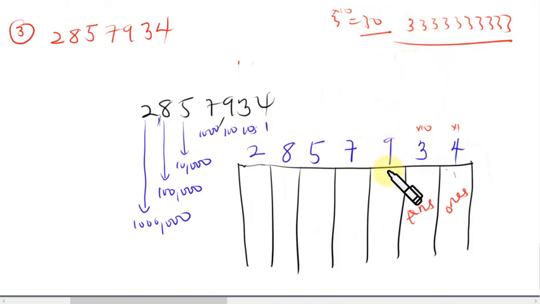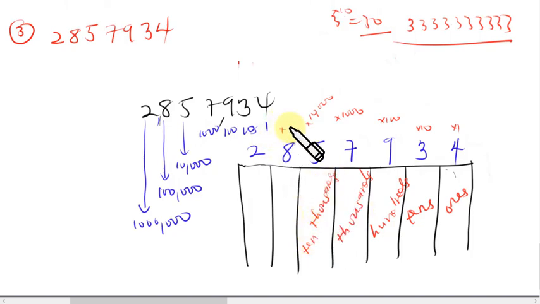Alright, so the 9 is at the hundreds position. So this will be hundreds. And the 7 is at the thousands position. So this will be thousands. And the 5 is at the 10,000s position, so this is 10,000s.